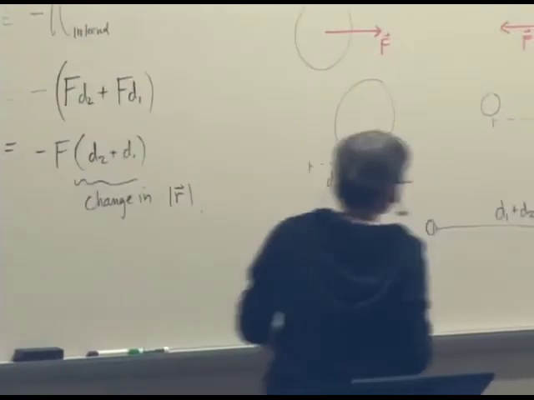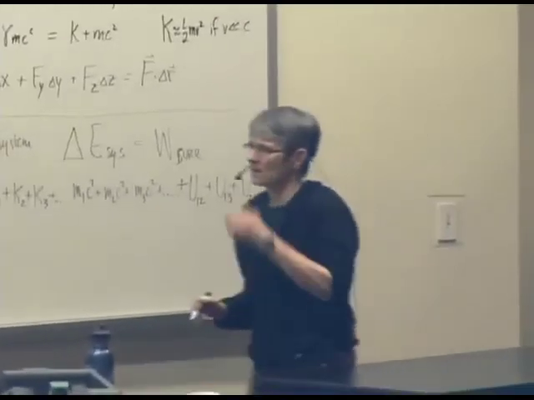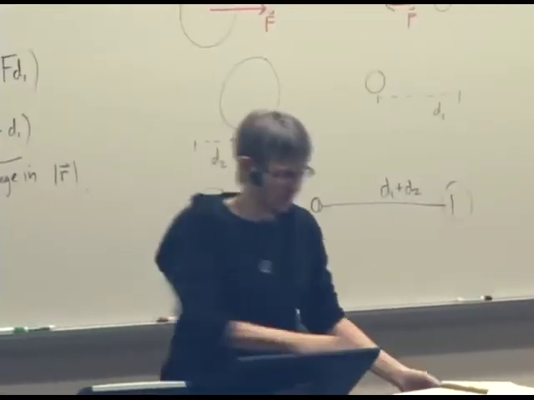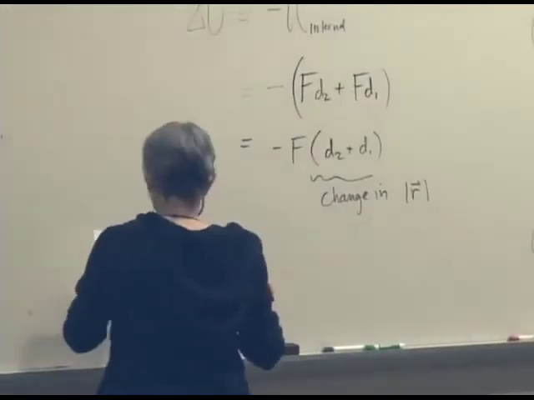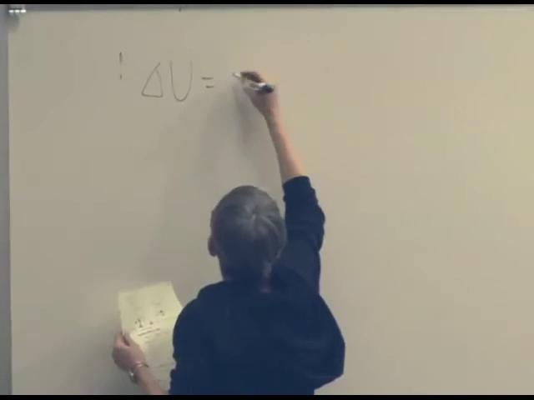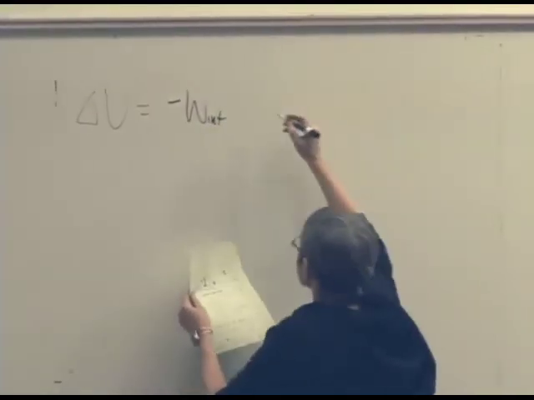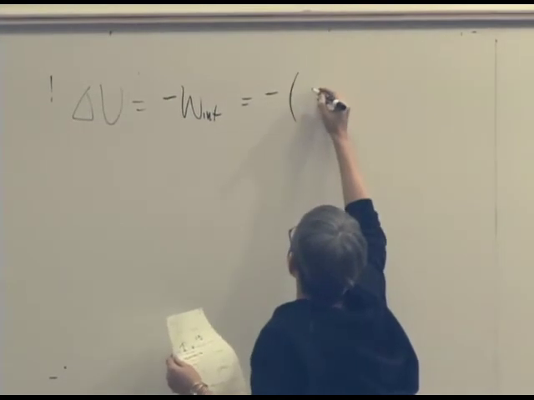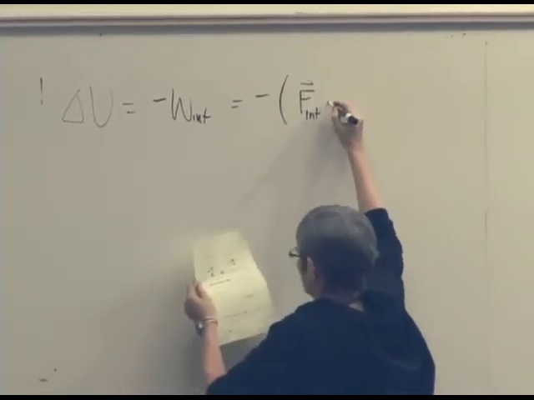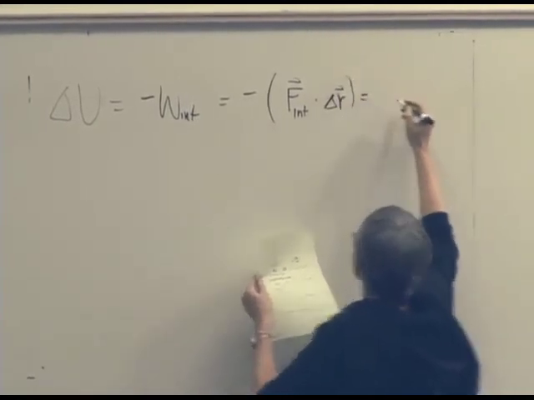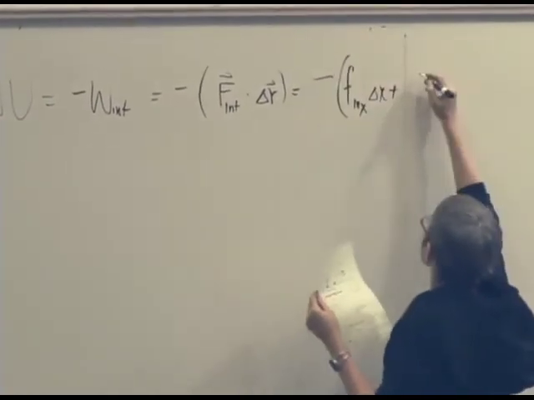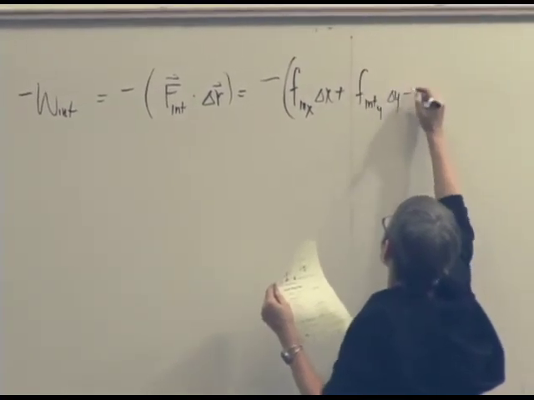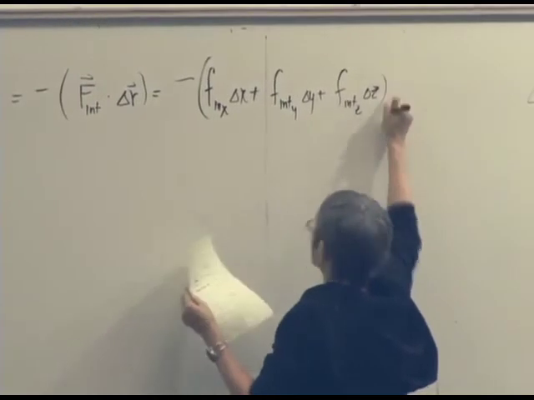So we can write this as delta U is equal to minus internal work, which is equal to minus, remember we can write this F internal dot delta R, that's the shorthand for minus F internal X delta X, F internal Y delta Y plus F internal Z delta Z. Okay.